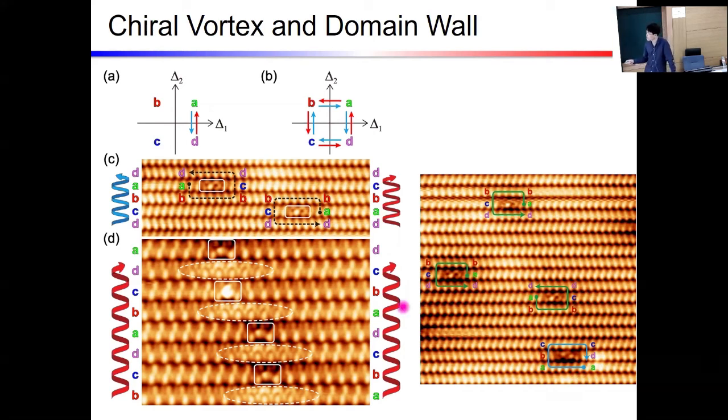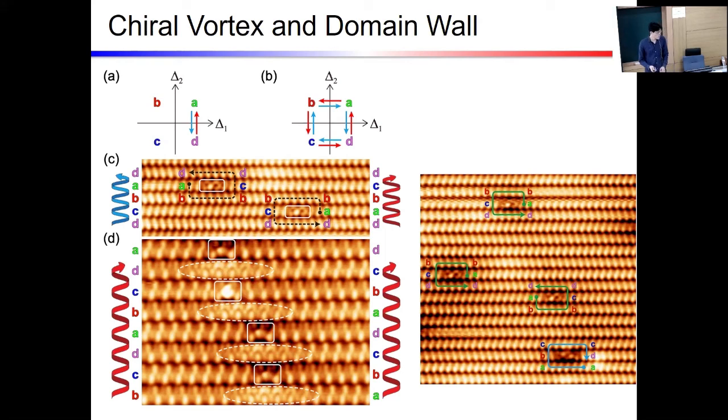Also, we often see that this is ABCD and this is also ABCD, the same chiral order, but they meet at a certain boundary. We call this a chiral domain wall. But this chiral domain wall exists only between the same chirality. For different chirality, we cannot see this kind of form in this specific system.